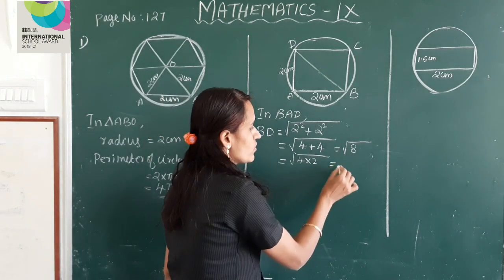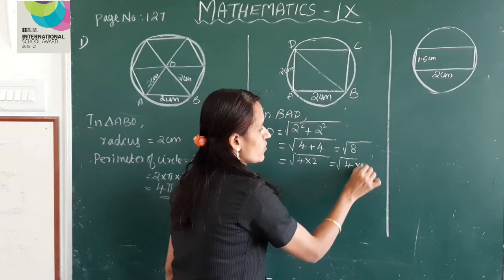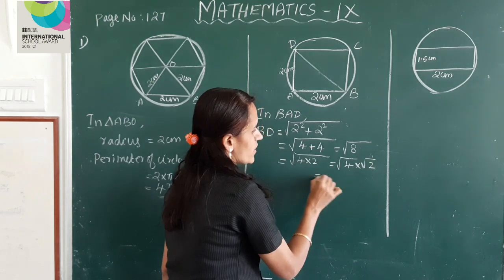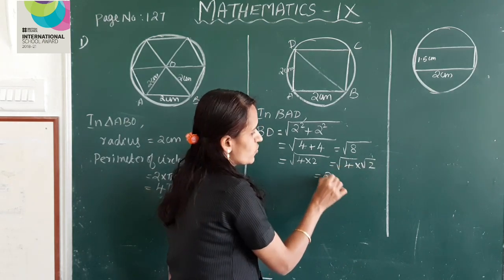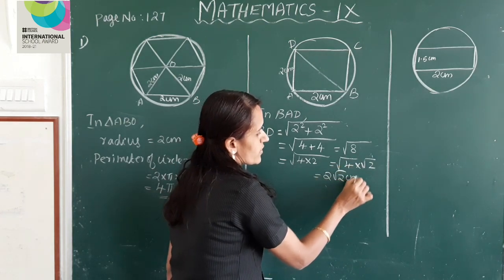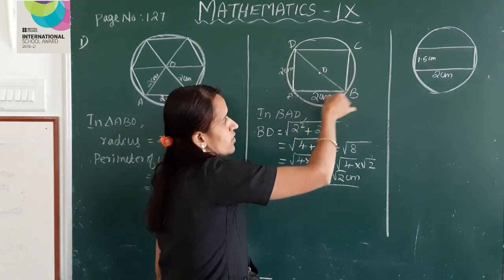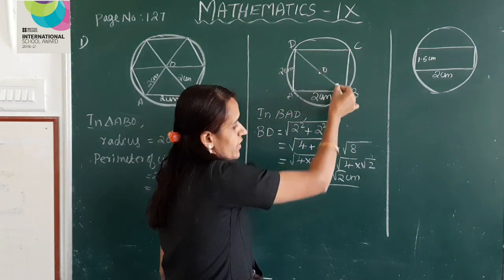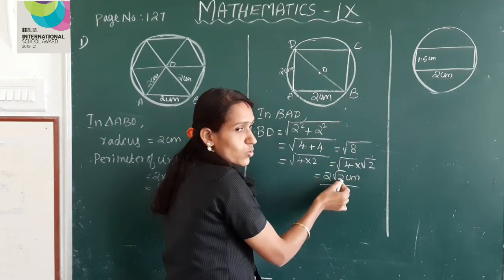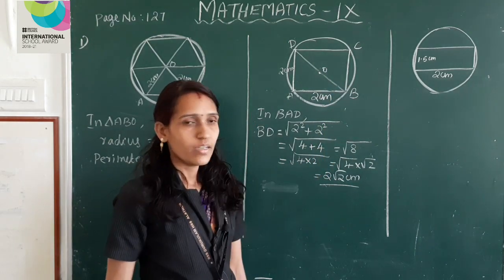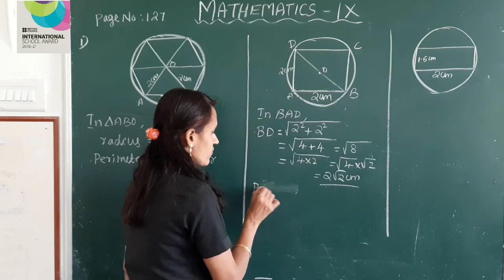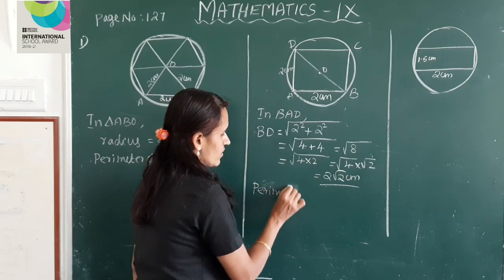Okay, this is equal to root 4 into root 2. This is equal to root 4 is 2, so 2 root 2 centimeter. Okay, diameter of this circle is BD. It is 2 root 2 centimeter.